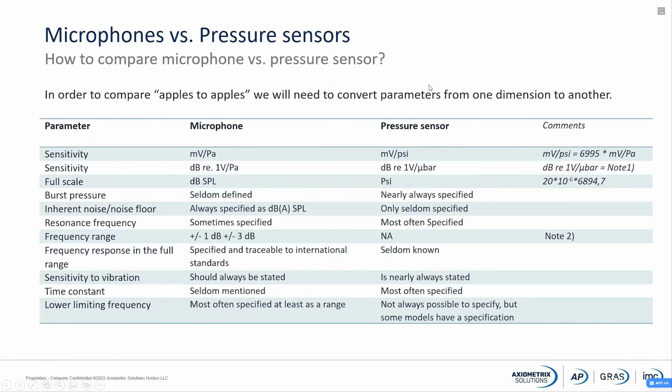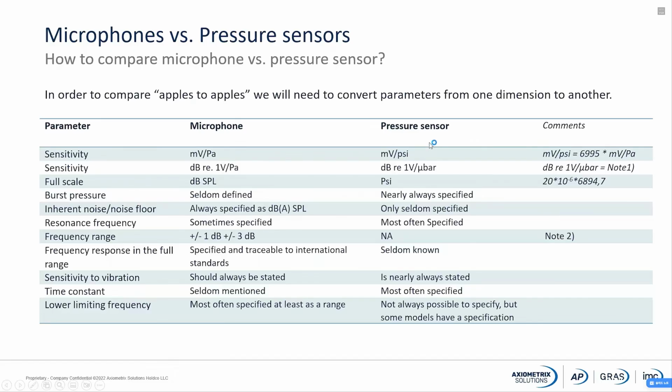When you have a pressure sensor and you have a microphone, you have a data sheet for both of them. It is not very simple to actually compare them because they are describing the different parameters differently. If you take the sensitivity for a microphone, it is always defined as millivolt per Pascal.